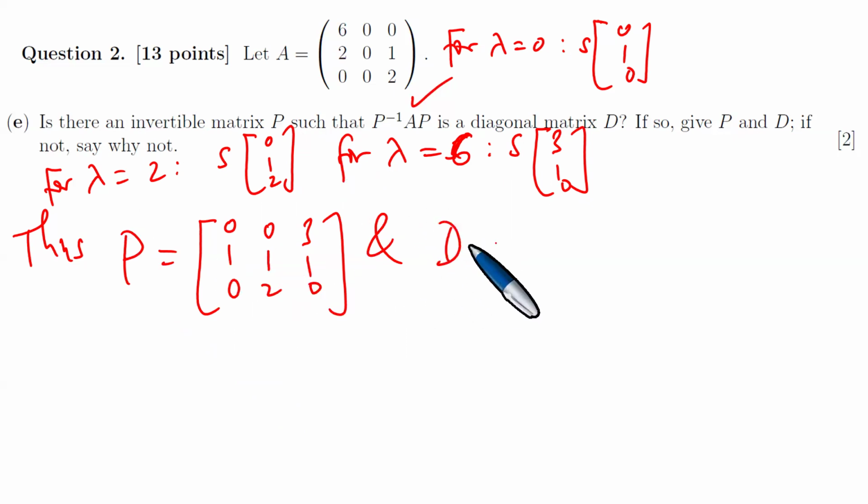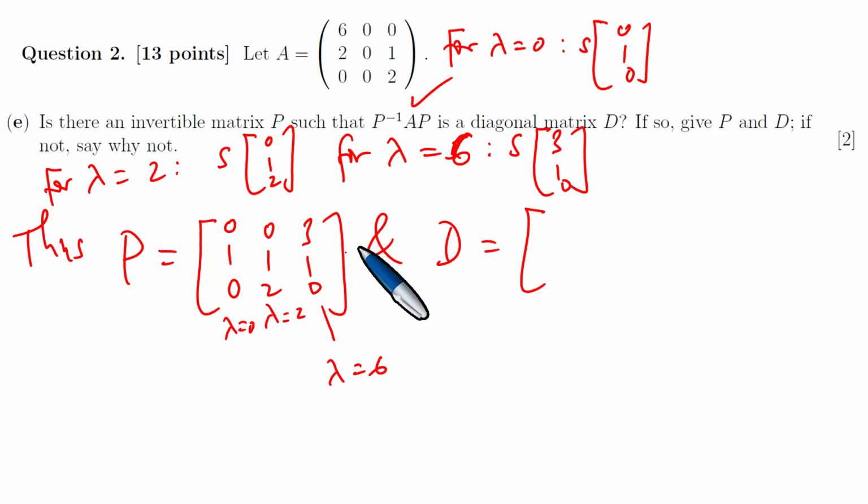And then D, because this first vector is associated with lambda 0, the 0, 1, 2 is for lambda equals 2, and this one is for lambda equals 6, because for lambda equals 6 we have the 3, 1, 0. So you take them in the same order, the order of the vectors.